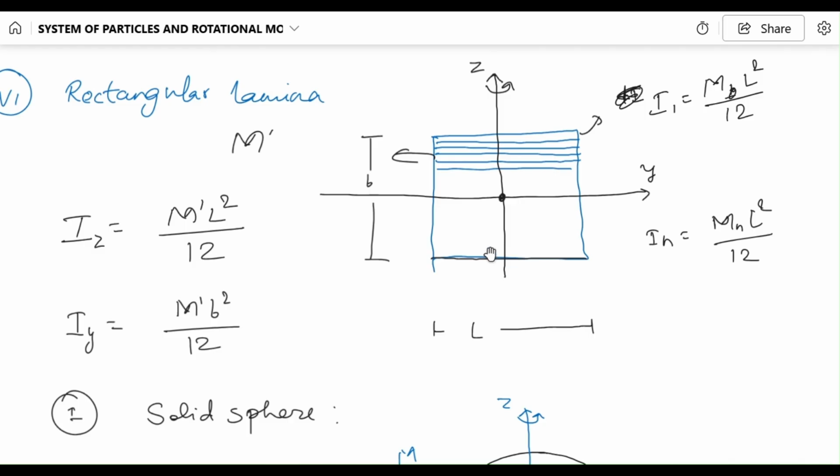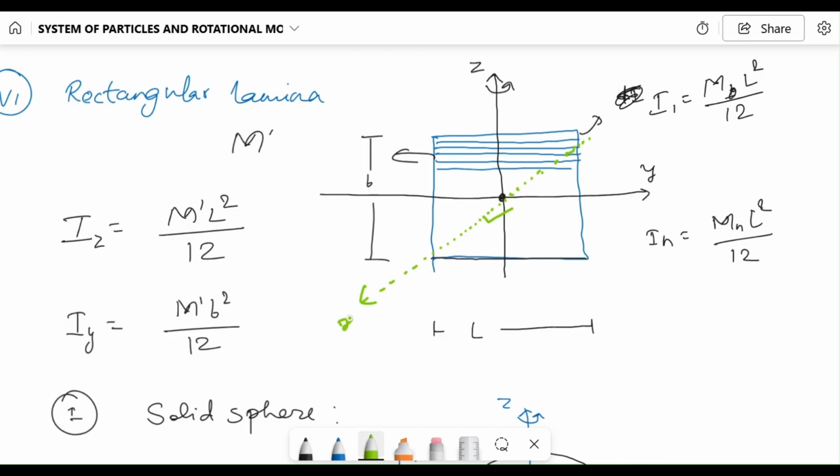So if we want to know its moment of inertia about an axis which is passing through the same point and which is perpendicular to the plane of this lamina, I mean, the plane in which the axes are lying.